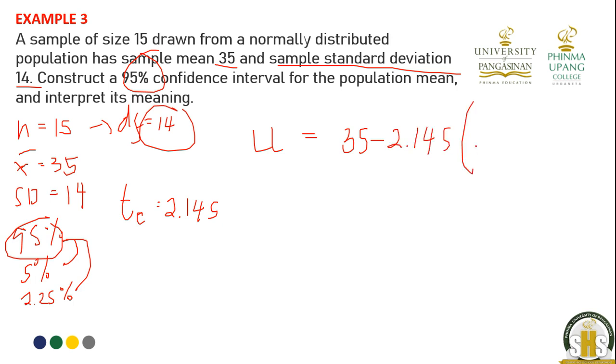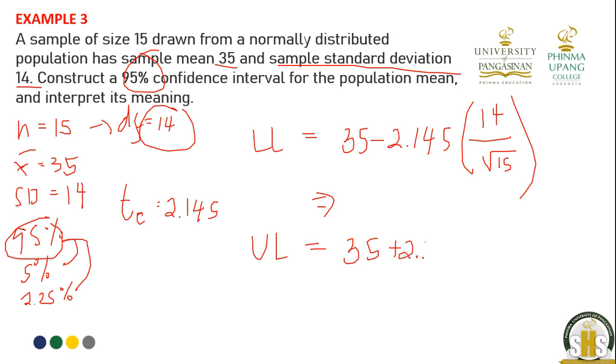Okay, LL is 35 minus 2.145 times your SD 14 over square root of your n is 15. So please compute now the LL. UL is 35 plus 2.145 times 14 over square root of 15.